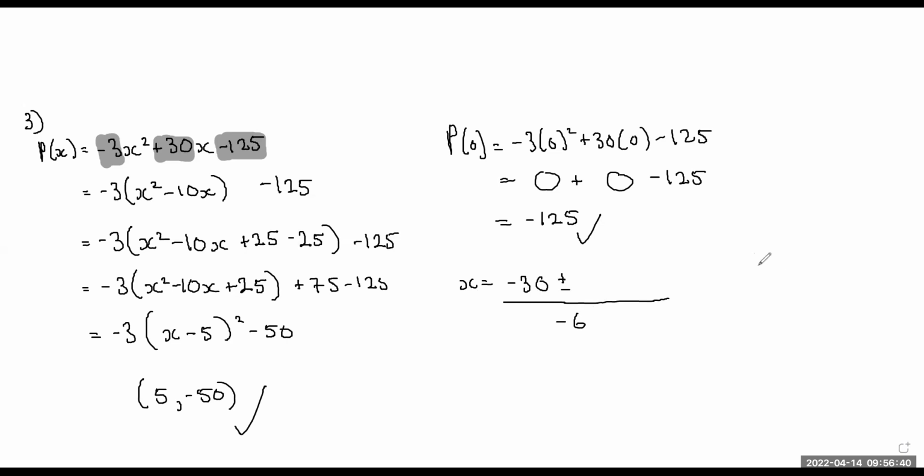The discriminant I'm just going to do on the side, b² minus 4 times a times c, which is 30² minus 4 times -3 times -125.